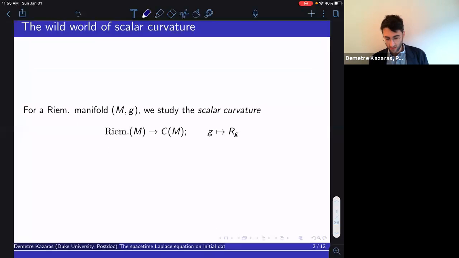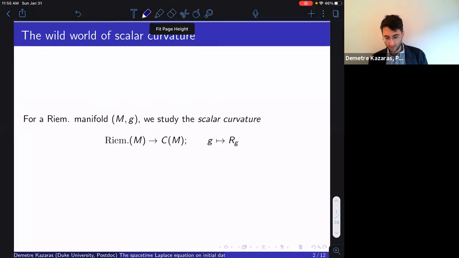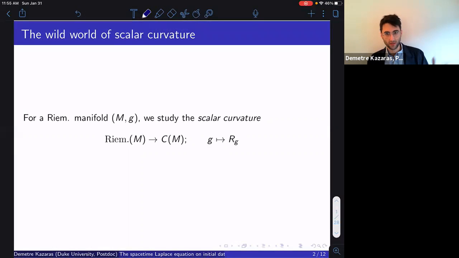Okay, so one of my main interests and one of my motivations for engaging in these projects is to try to understand the scalar curvature of the Riemannian manifold.